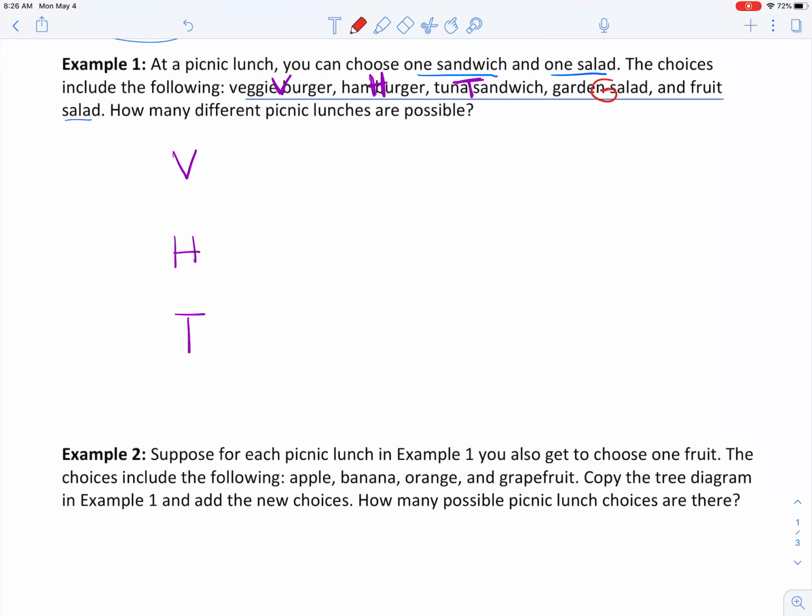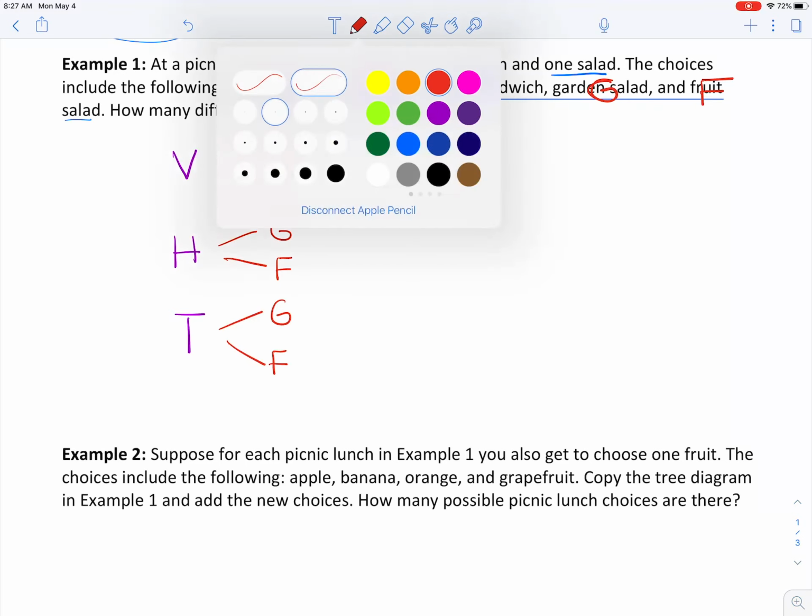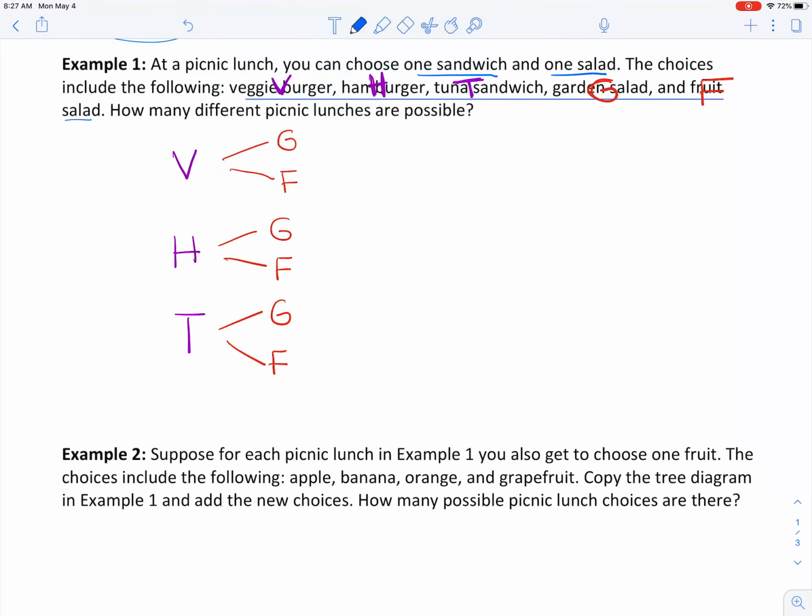Now I either have a garden salad, so I'm going to do a G for garden salad, and an F for fruit salad. Because I choose 1 sandwich and 1 salad, here are the different possibilities. We could have a garden salad or a fruit salad. If I chose the hamburger, we could have a garden salad or a fruit salad. And if I choose the tuna sandwich, we could have a garden salad or a fruit salad. So how many total possibilities are there?